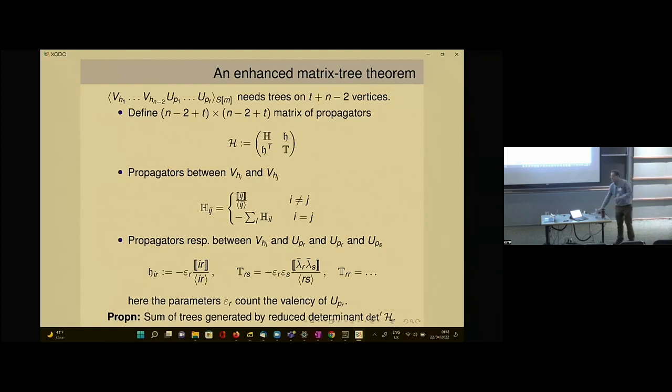So it'd be tempting to think that they would participate somehow in the, sorry, these are the propagators between the positive graviton vertices and the background vertices that you get from expanding the background around. Yeah, so it is tempting to think. I don't know, but that's a very nice question.